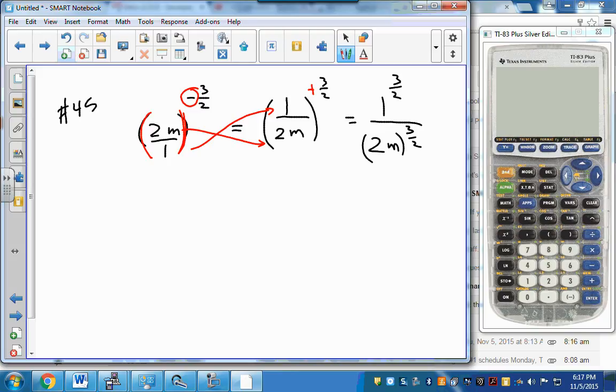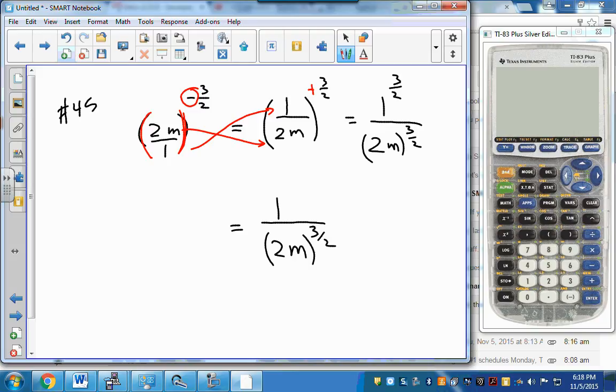Okay, well, 1 to any power is just 1. So the numerator here is just 1. And now I have to deal with 2m to the 3 halves. What am I supposed to make of that? Okay, so if we look at the, actually I skipped problem number 39, but if we look at the directions here, it says write with radicals, assume that all variables represent positive real numbers.